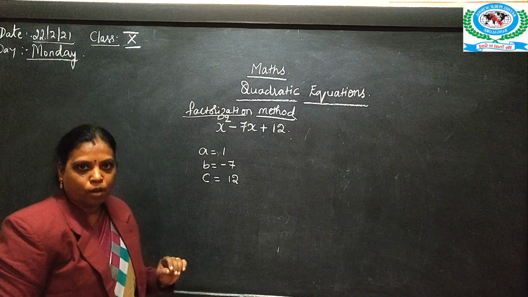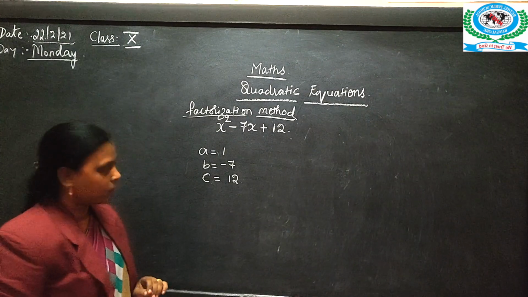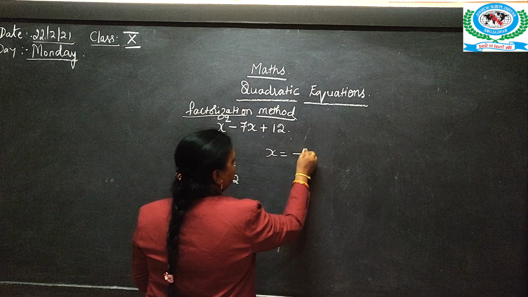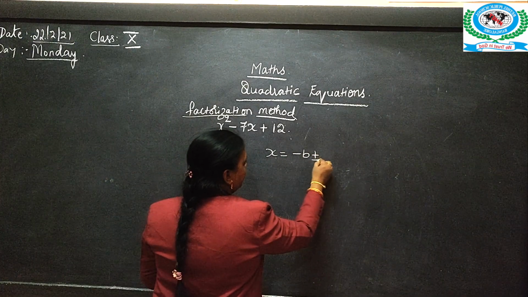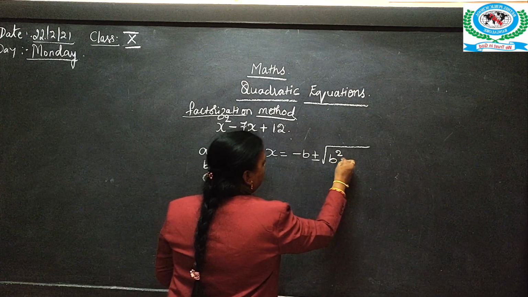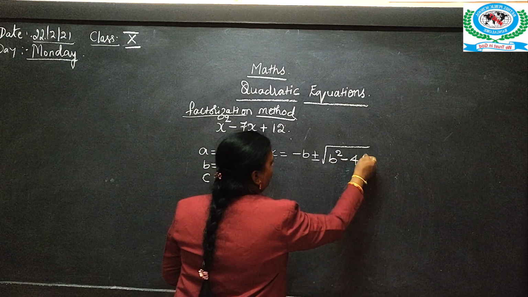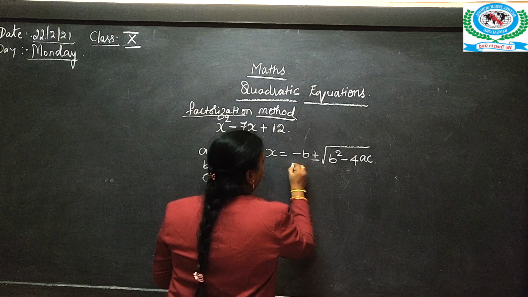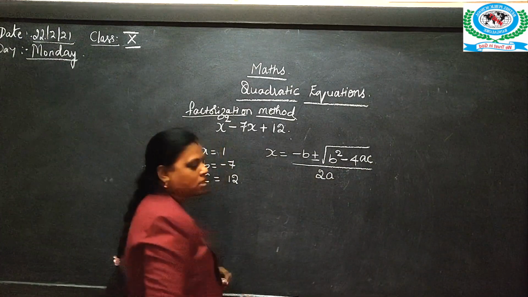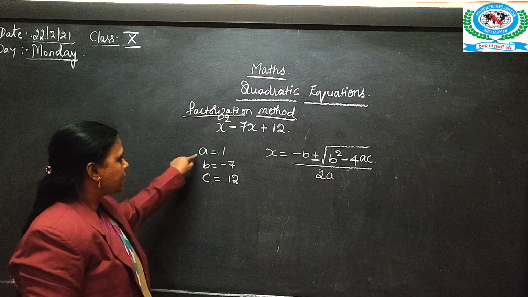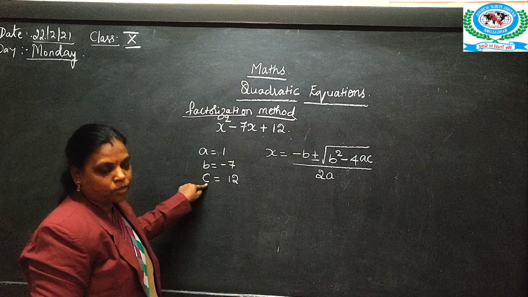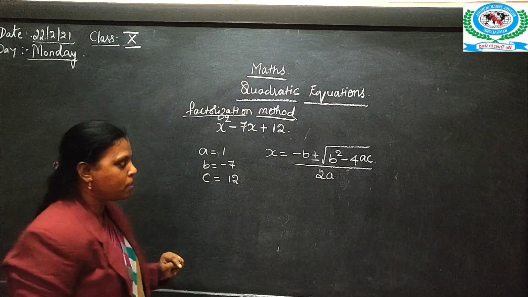The formula to find the roots of the quadratic equation is x is equal to minus b plus or minus square root of b square minus 4ac divided by 2a. This is the formula. You know what is a value, you know what is b value, you know what is c value. Substitute in the formula.